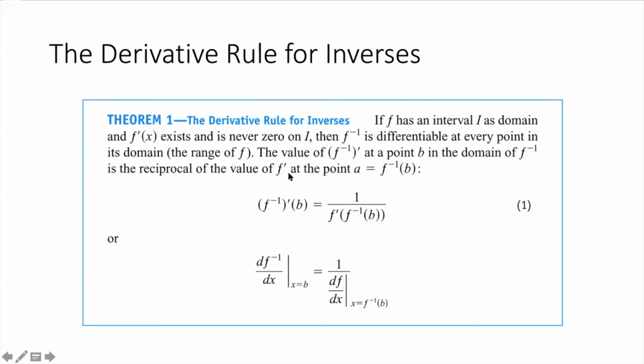You just have to remember that f of A is equal to B. All right, so instead of writing f prime of f inverse of B, why don't we say f prime of A here? I think that makes it a little less scary.